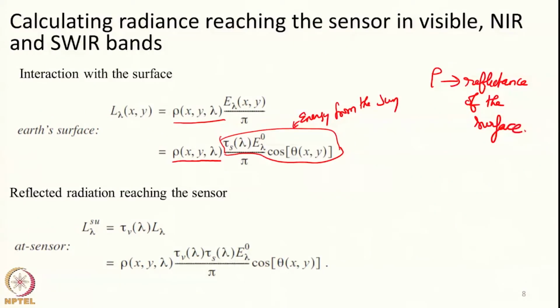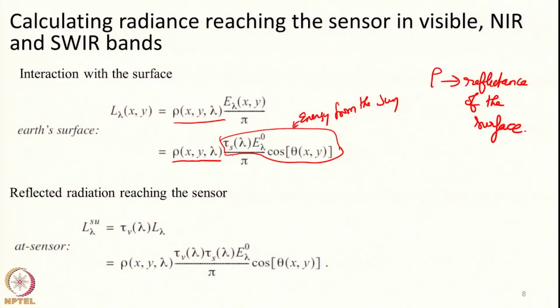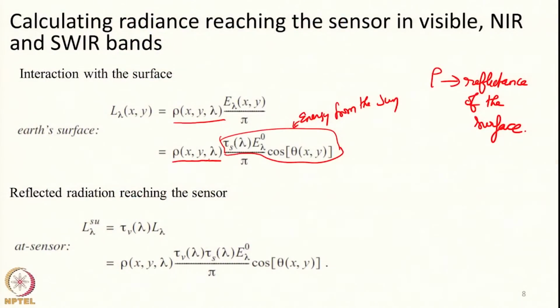Say if the surface reflects 30% of incoming energy, the reflectance is 0.3. Say 100 units of energy came into the surface after correcting for tau s, cos theta and all these things. Finally, 100 units of energy reached the surface, out of which 30% is reflected, which means multiplying that 100 by 0.3. So 30 units of energy will be reflected. So now we multiply with this reflectance.